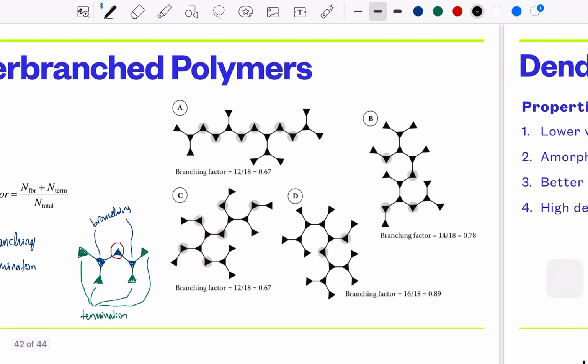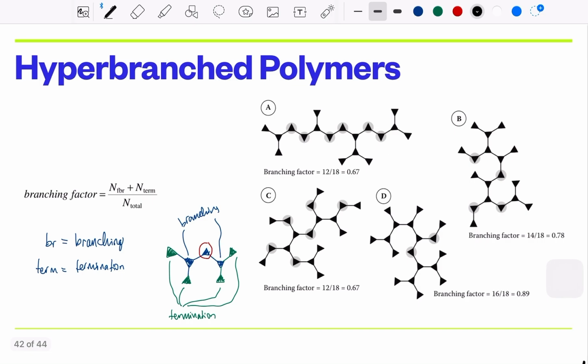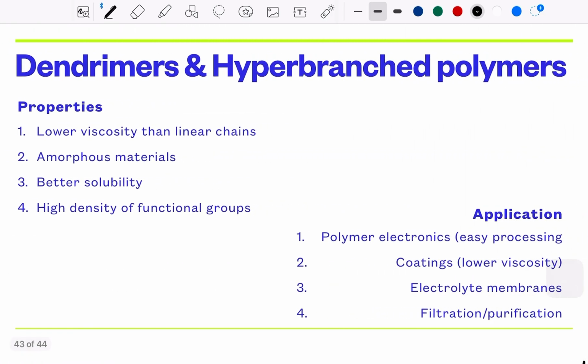Okay, and then the conclusions from the dendrimers and the hyperbranched polymers. This is what we have. The properties: it has lower viscosity than linear chains, and it's mostly amorphous, with better solubility and a high density of functional groups.